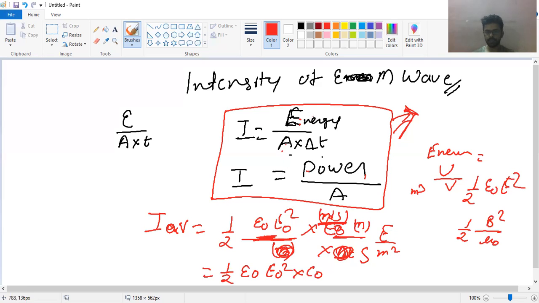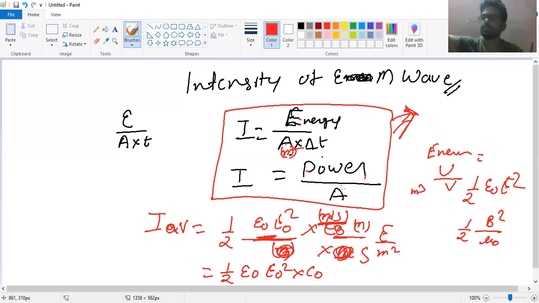Here area is there, so meter square is there, and we are placing meter cube over here. As we are placing 1 meter more, we have to cancel it by placing 1 meter in the numerator.